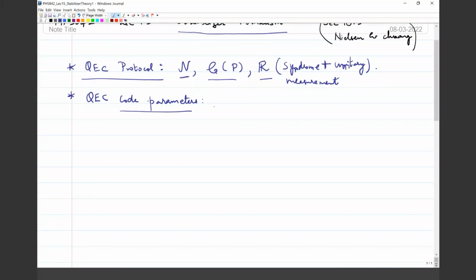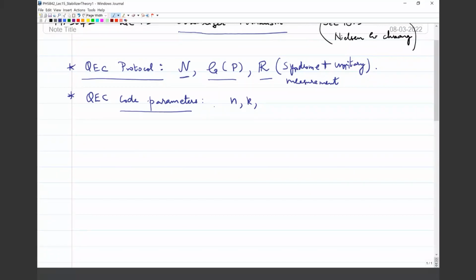In more general terms, how would you describe a quantum code, right? So this often in the literature goes by the name of code parameters, and this takes off from the terminology that is used in classical error correction actually.